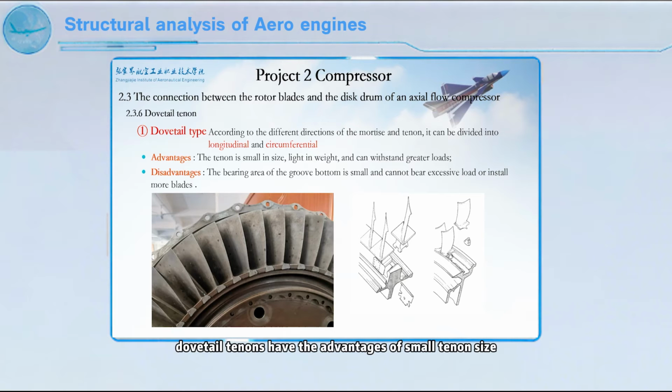Dovetail tenons have the advantages of small tenon size, light weight, and the ability to withstand large loads. Therefore, they are widely used in compressors. Its main disadvantage is that the force-bearing area at the bottom of the groove is small, and it cannot withstand excessive loads or install more blades.